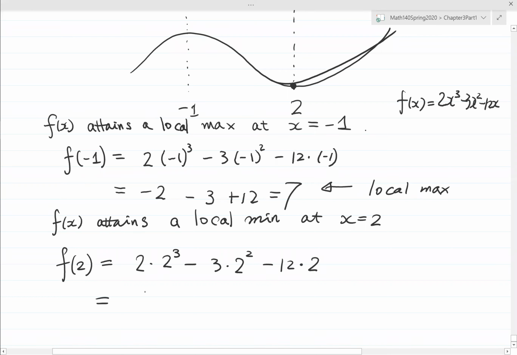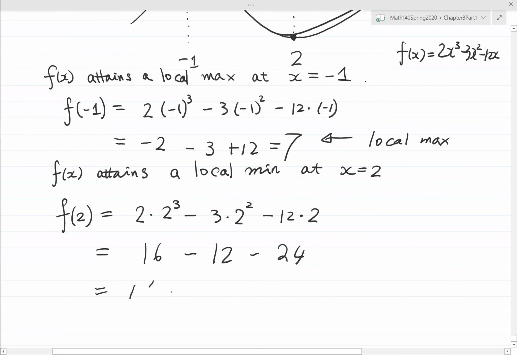So this is 2 to the power 4, which is 16. Minus 3 times 4, 12. Minus 12 times 2, 24. So this is 16 minus 36. So we get -20. So this is actually the local minimum.